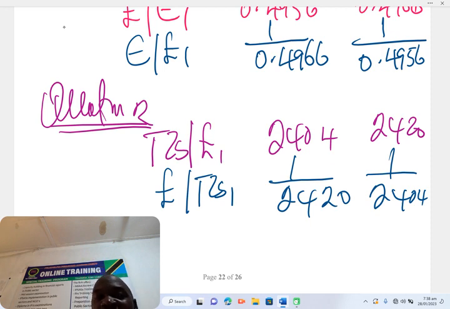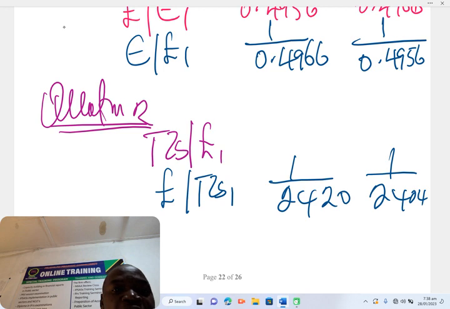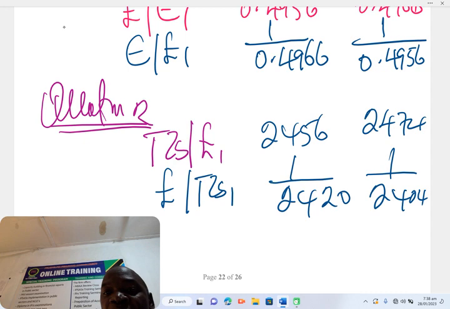Now, what are we looking at? No, it's not. Okay, sorry. This is not a spot rate. We must take the forward rate. It is 24.56 and 24.74.